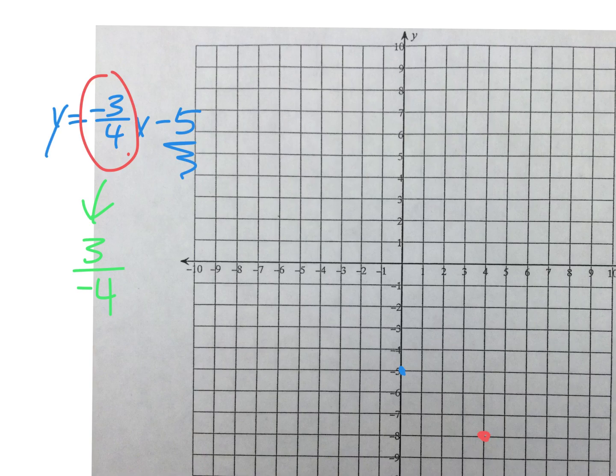Those are one and the same. So if I go back to my starting point, that means I would go up 3 and to the left 4. Either way is correct. Then what do we want to do? We just want to connect our points. Now, this is not going to be straight because I can't use a straight edge, but that's not too bad. And then we put arrows on both ends.